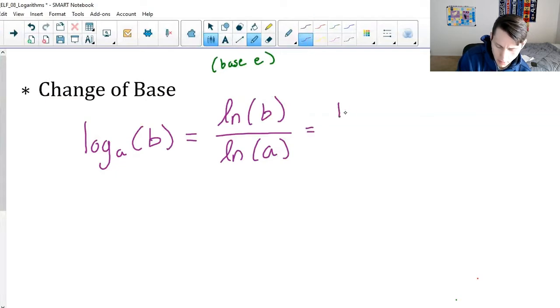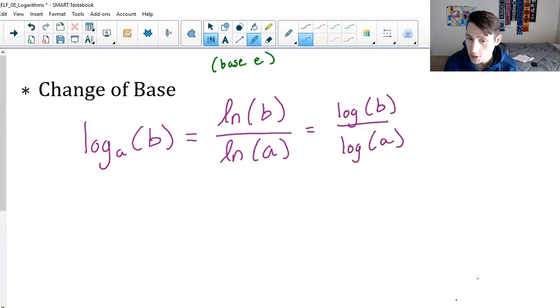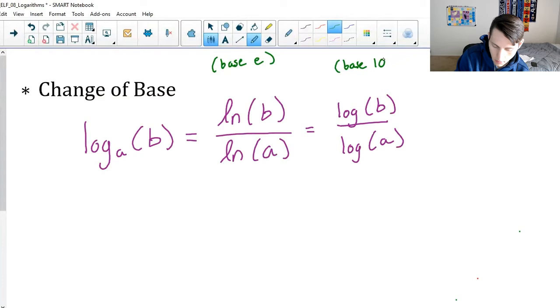Or, I can change it to common log. Common log, we remember, is base 10. So I change it to base 10 by using common log of b over common log of a.